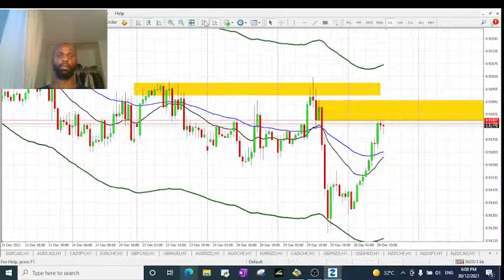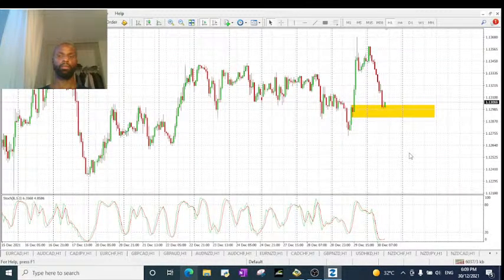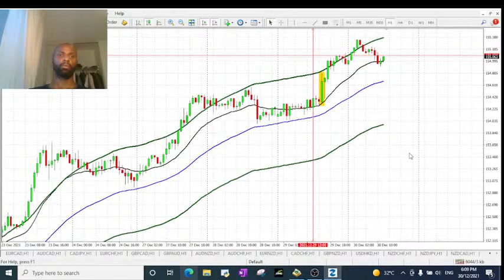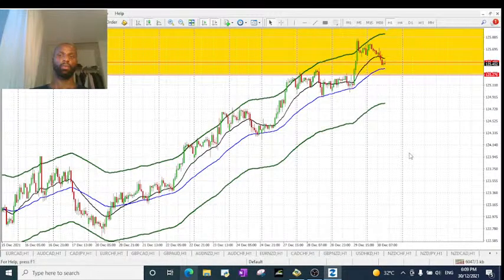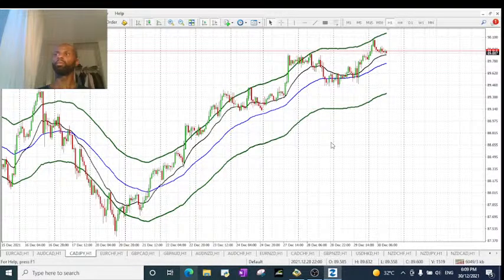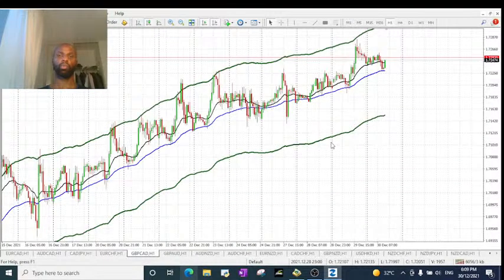Let's see if anything else set up well. My pound Canadian dollar trade is working out real good.